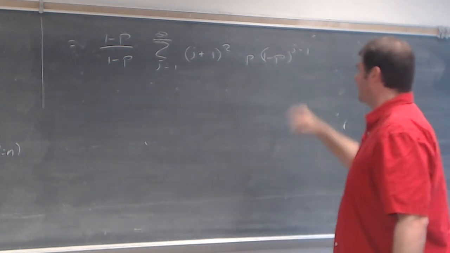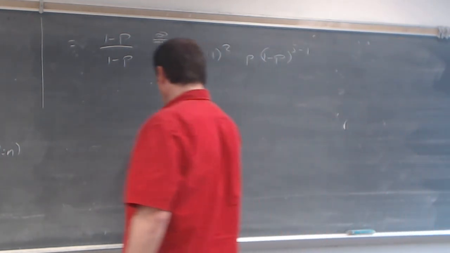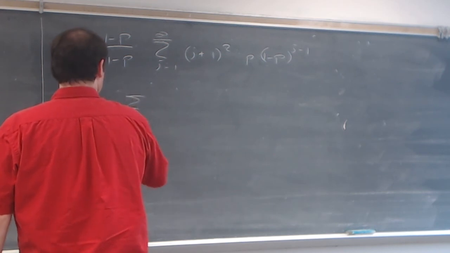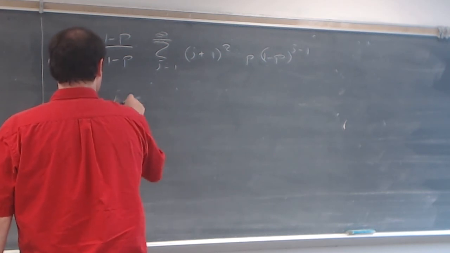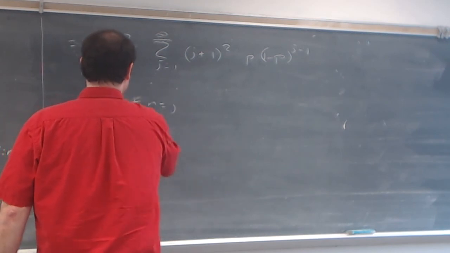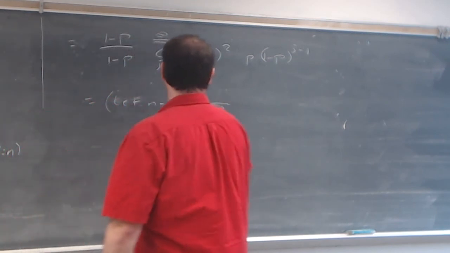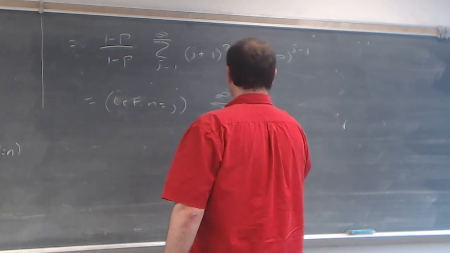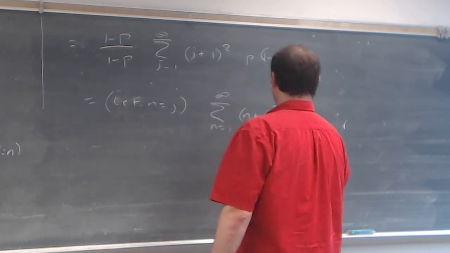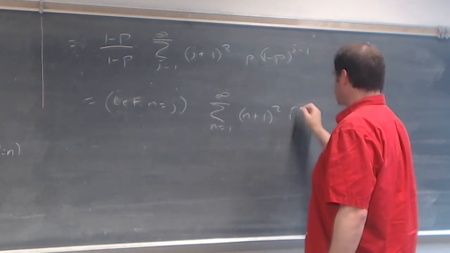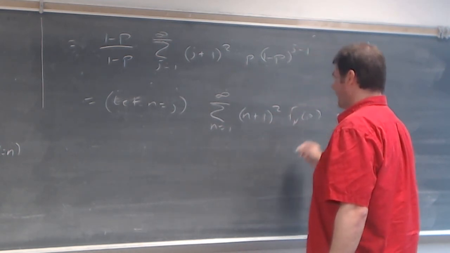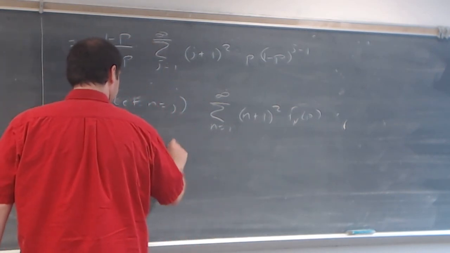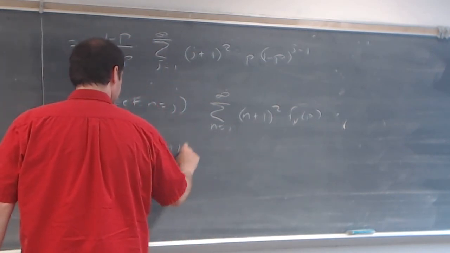That is the probability mass function. So this is going to be equal to the sum as j, well, let's make a change here. Let's let n be equal to j. So this is the sum as n runs from 1 to infinity of n plus 1 squared times f sub N of n, and that's just equal to the expected value of N plus 1 squared.